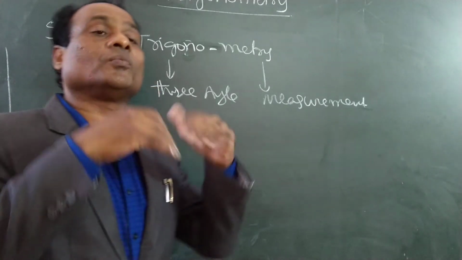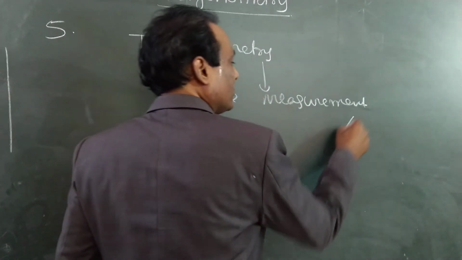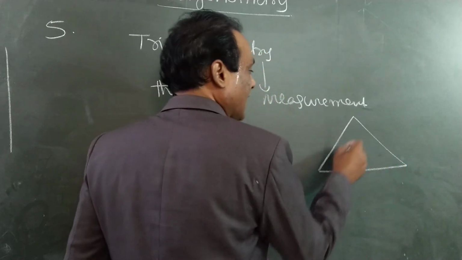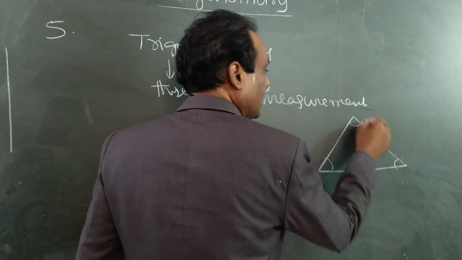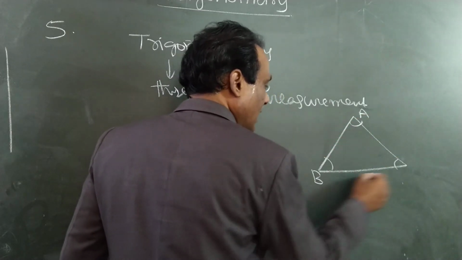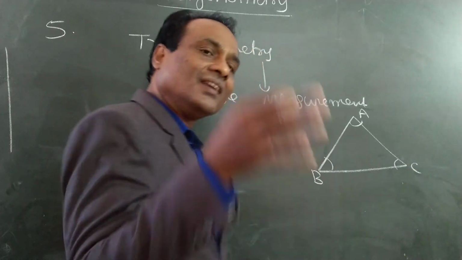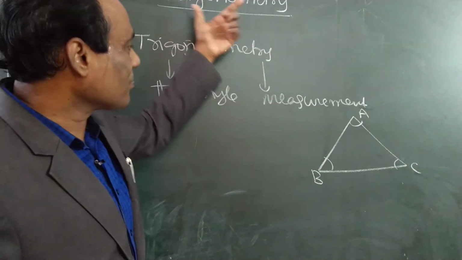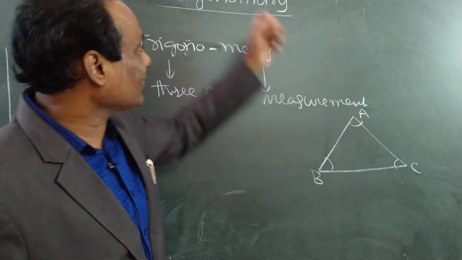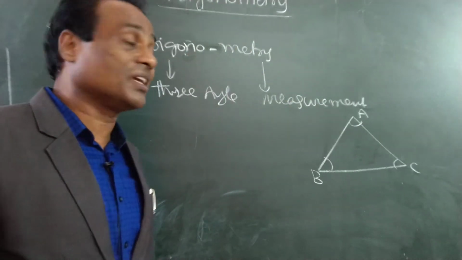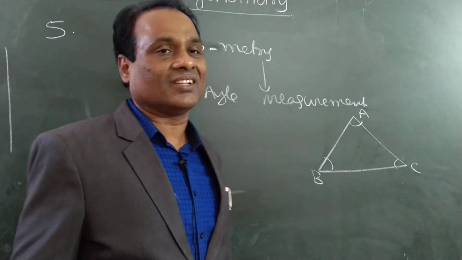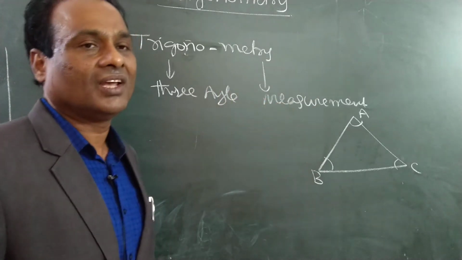Triangles are possible in which figure? Triangle. Because in a triangle we get three angles: 1, 2, 3, angle A, angle B, angle C. So in other words, the chapter dealing with the triangles is called trigonometry. Trigonometry means triangle measurements.